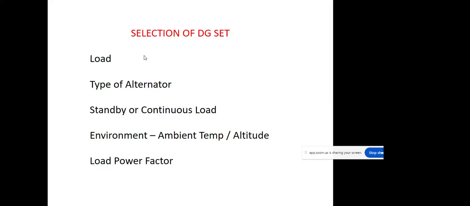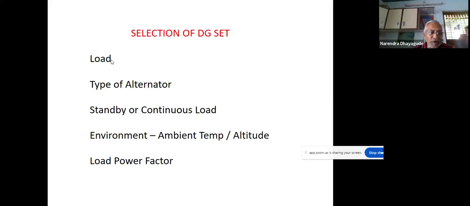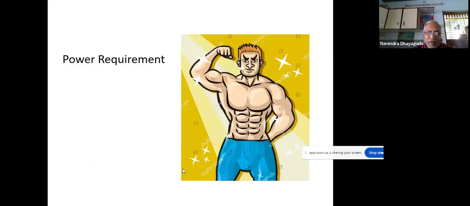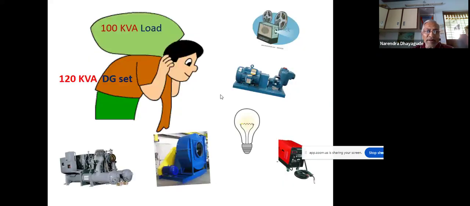So while selecting, what type of load, type of alternator, these parameters are there. Initially we have to understand how much is the power requirement, that is electrical power requirement. So here it is a compressor. For compressor, motor is needed. For blower, motor is needed.